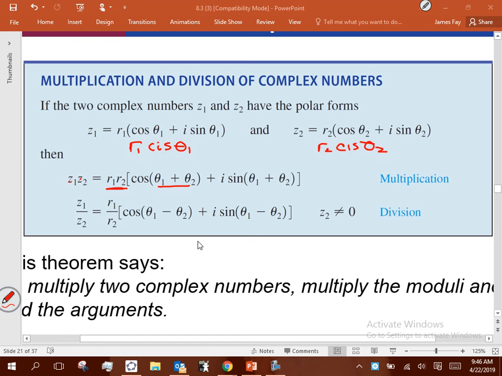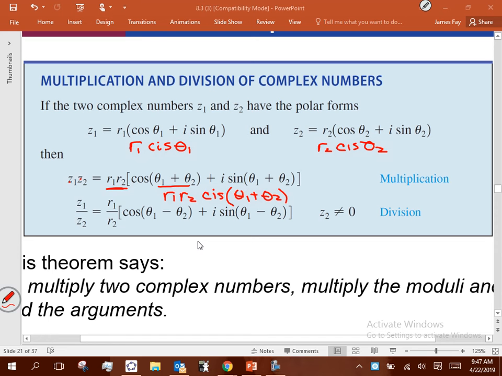So multiplication in this form would look like r1 r2 cis theta 1 plus theta 2 if you write it in the condensed version. And that is usually a much quicker way of multiplying two complex numbers.